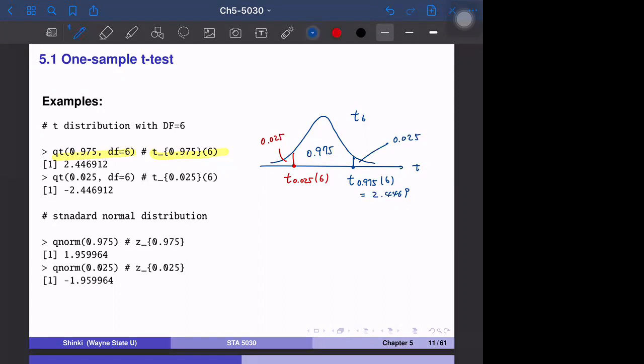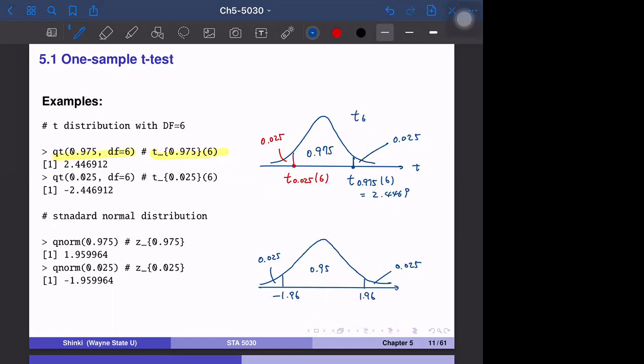Remember the normal distribution, if you have taken a stat course: center 95% coverage. Suppose this is 0.025, 0.95, and 0.025, then this was 1.96 and negative 1.96.